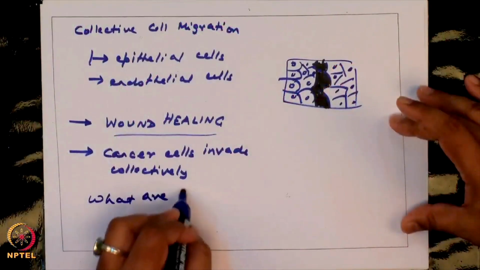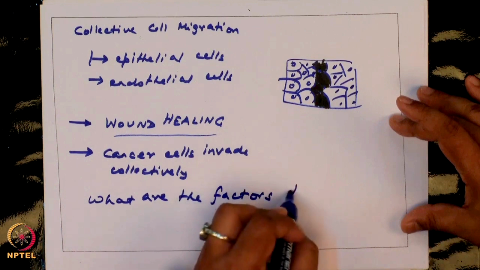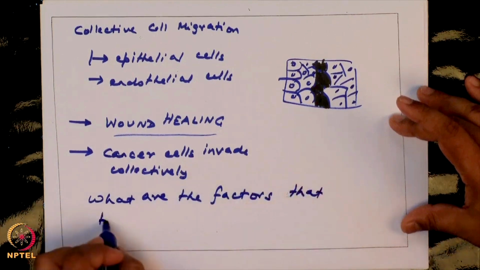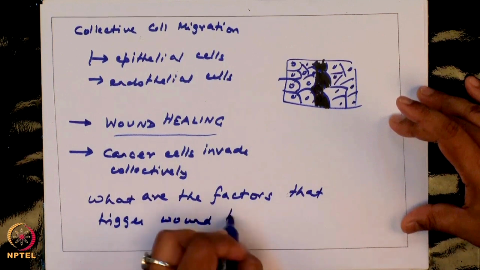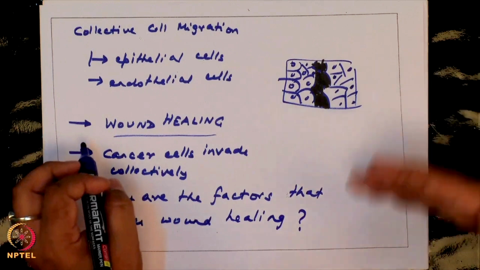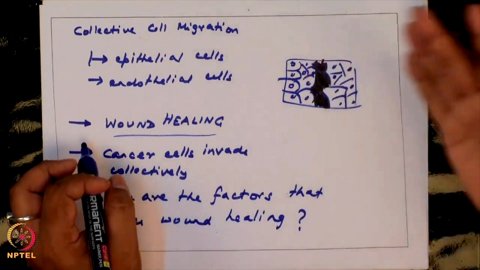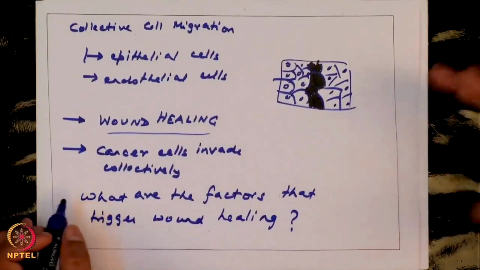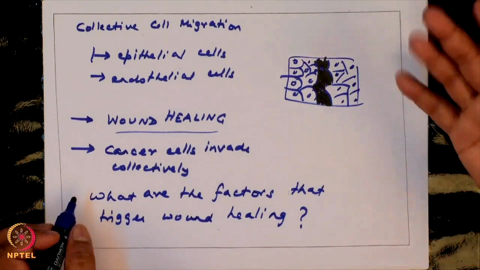What are the factors that trigger wound healing? Is it that some factors are released which trigger the migration of these cells, or is it just the availability of space that is a signal which triggers migration of cells?